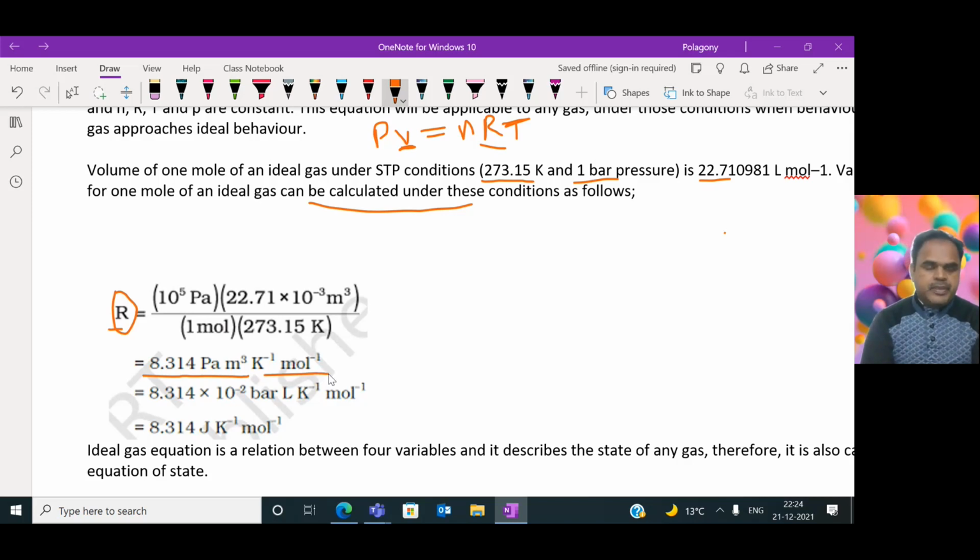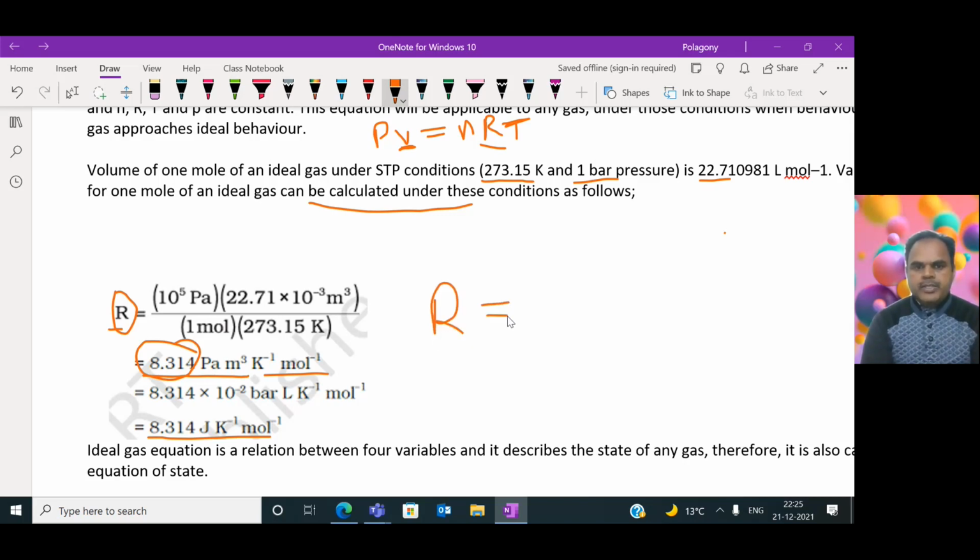The value of R, the universal gas constant, is 8.314, and in terms of bars, 8.314 × 10^-2 bar liter per Kelvin per mole, and in terms of joules, 8.314 joules per Kelvin per mole. So this is the value of R, the universal gas constant.